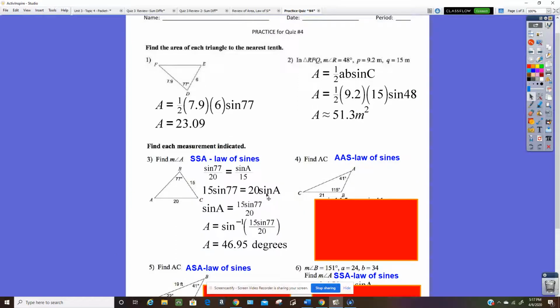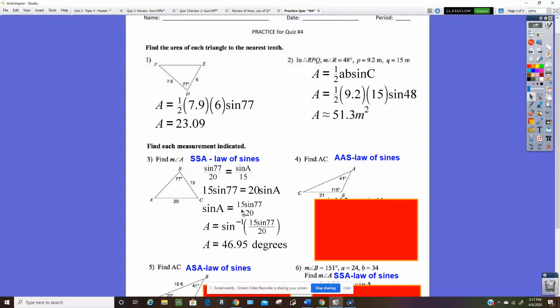And for the next set of problems, you have to figure out whether you're going to use the law of sines or cosines. Given side angle, you use the law of sines. Sine of 77 over 20 equals sine of A over 15, cross multiply.